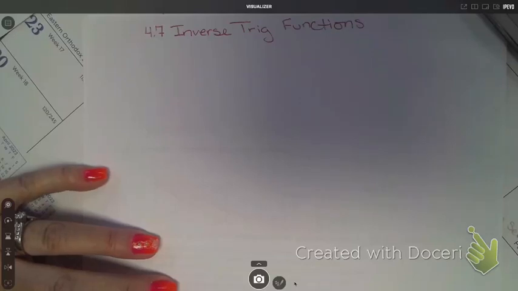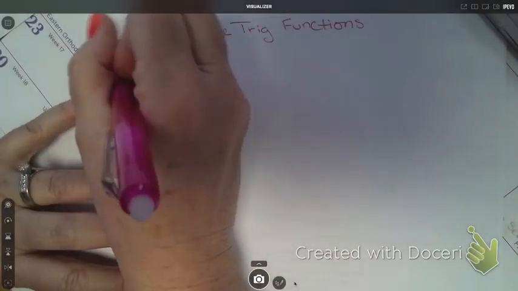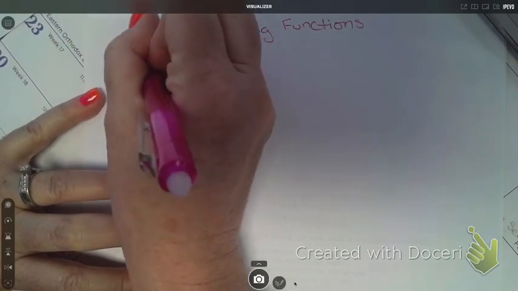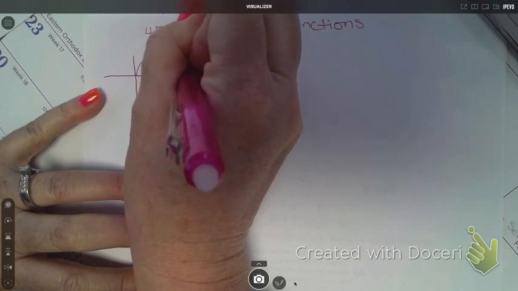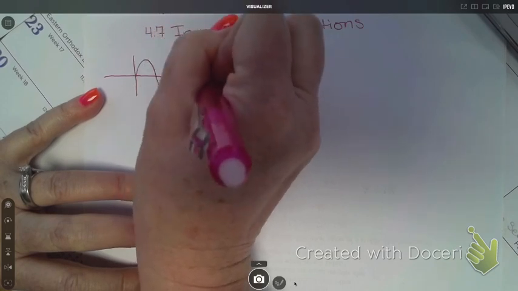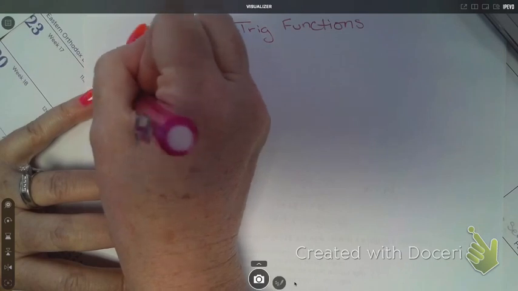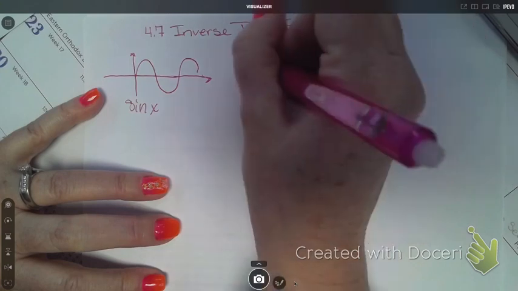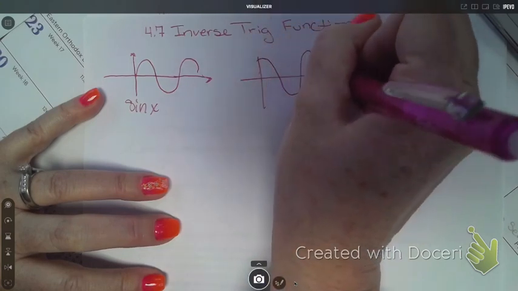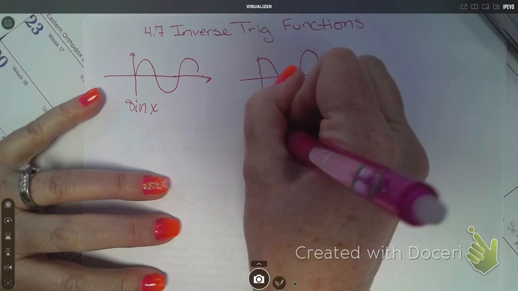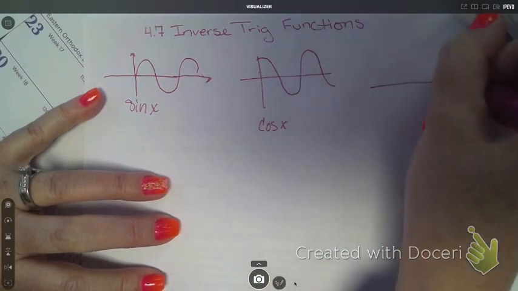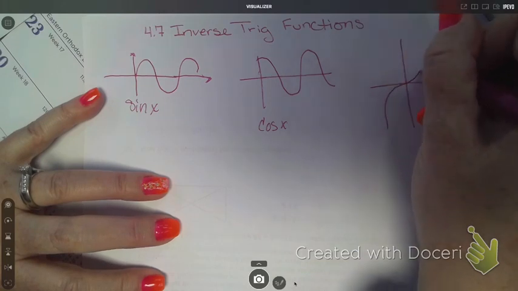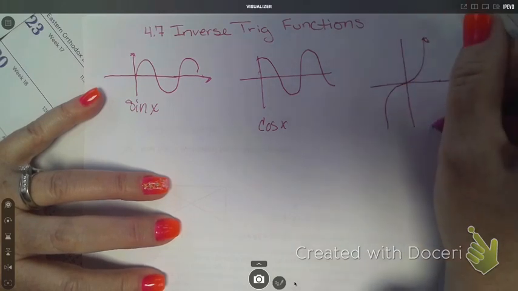Okay, 4.7 inverse trig functions. So the functions we're going to look at are sine, cosine, and tangent.